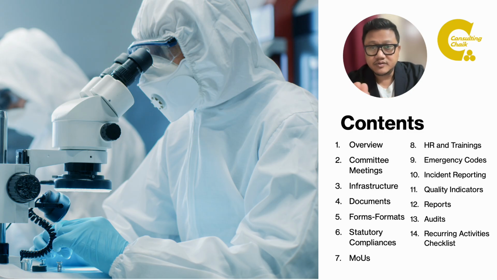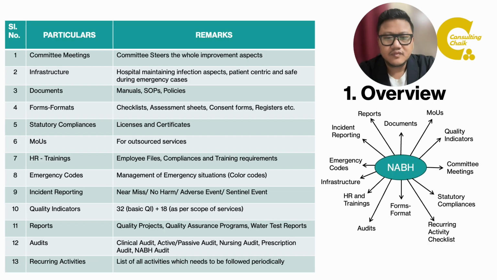Okay, so let's start. To give you the overview of NABH implementation, there are 13 main aspects of NABH implementation. To start with, the first thing is committee meetings. Committees, as you know, there are about 16, 17 committees, and you can also club these committees.